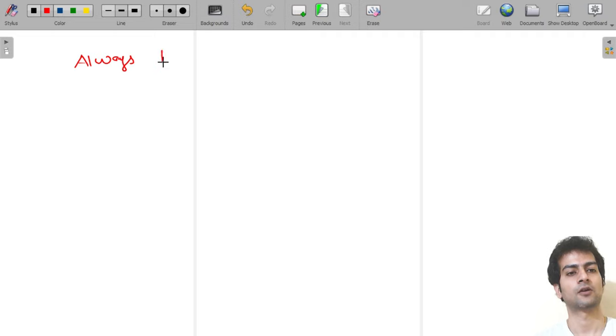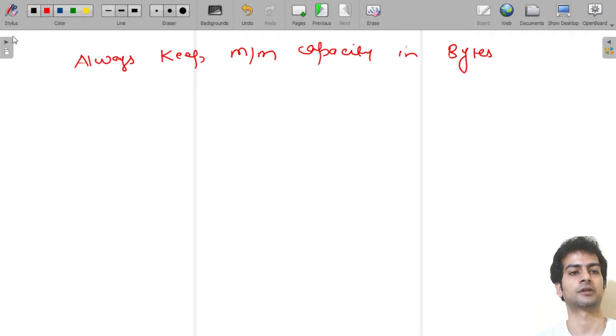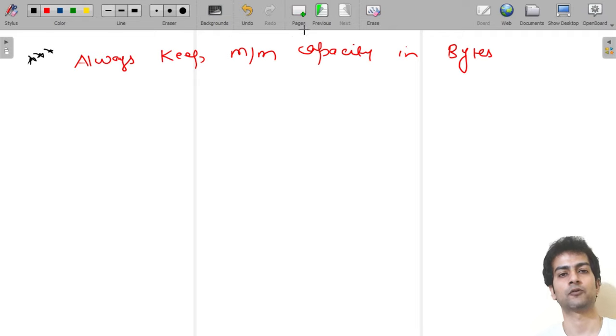Always keep memory capacity in bytes. This is important while solving such types of questions. The rest of the part is easy. If you get confused, you will get confused in this part only. So keep this in mind.